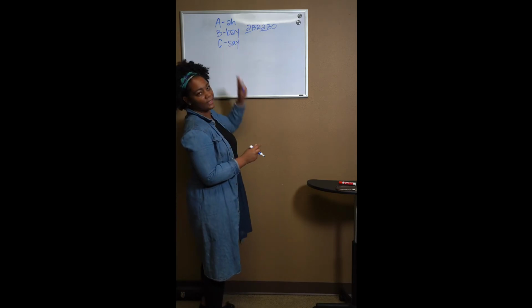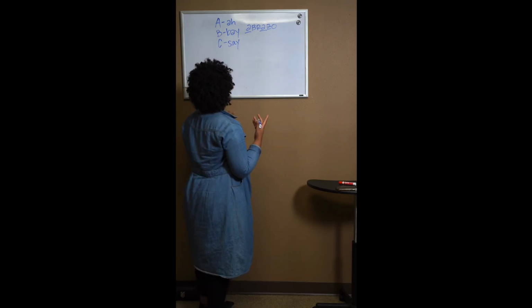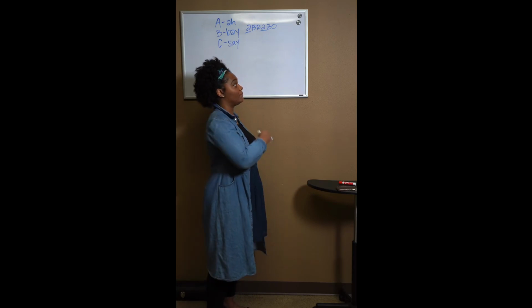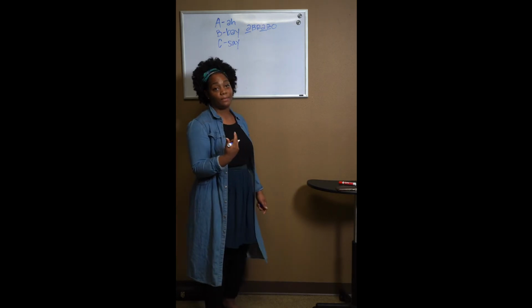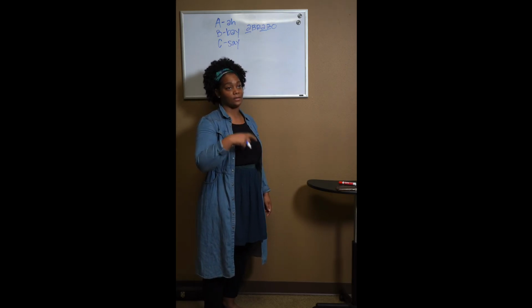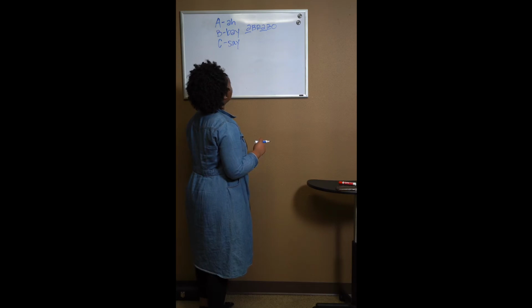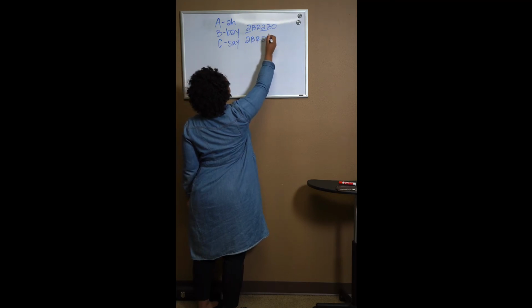Now we're going to move on to C or se. I'm just writing the pronunciation, how you would say the letter name. But when you say the letter se, it can have 2 sounds, just like in English. It can be a soft C sound, so s, or it can be a hard C sound, so k. An example of that would be, I'll use the same word, just a different form of it.